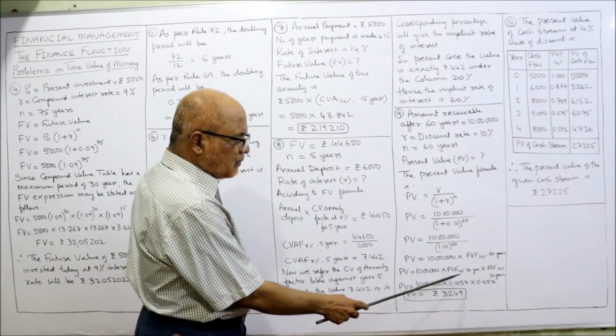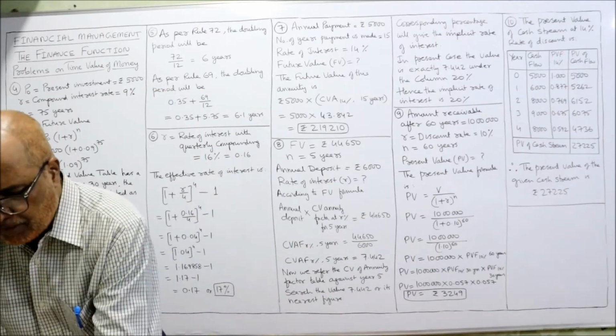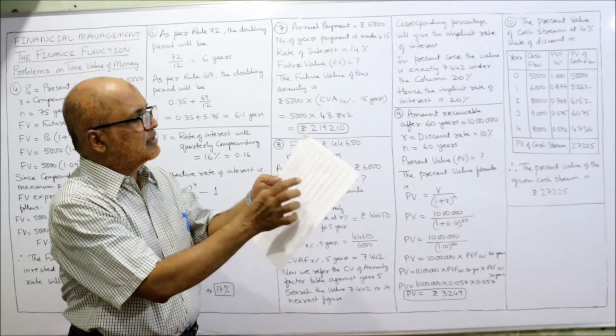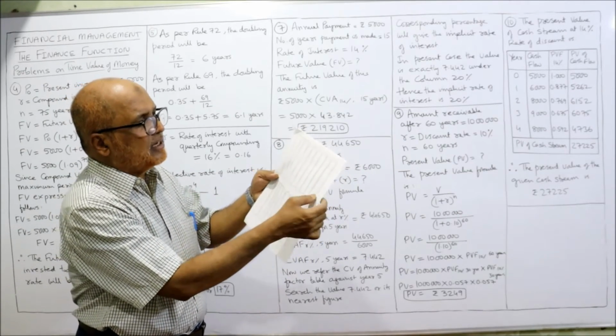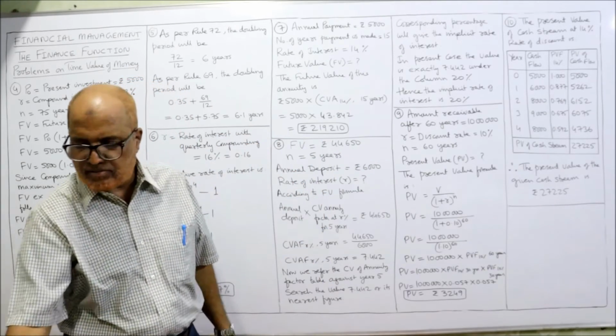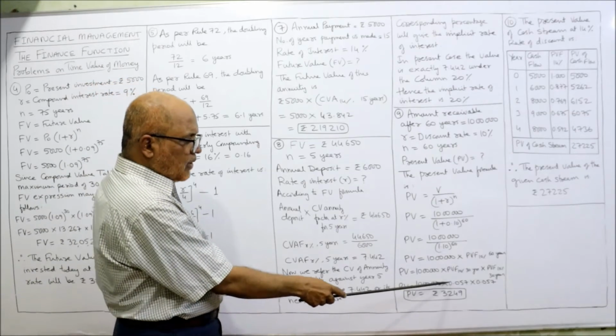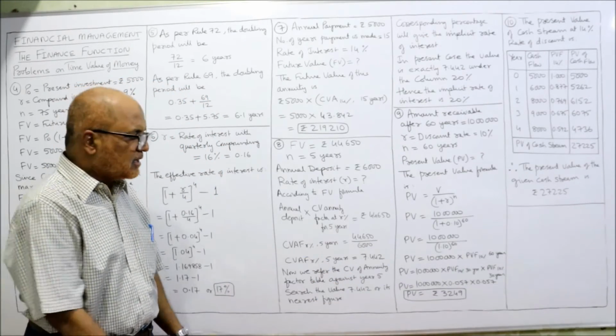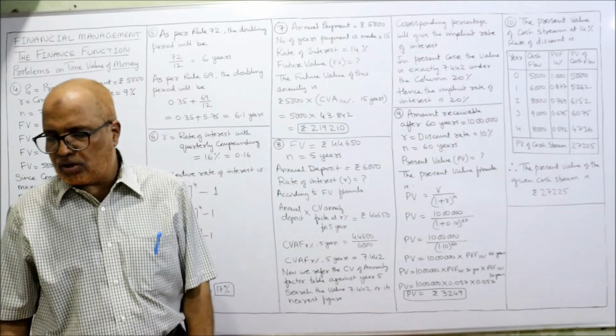Now 10 lakh into, if you refer to the present value table, 10% for 30 years it is 0.057. So 0.057 into 0.057. Multiply the 3 terms, you will get 3,249.